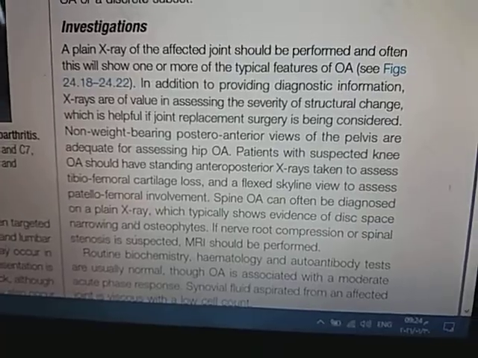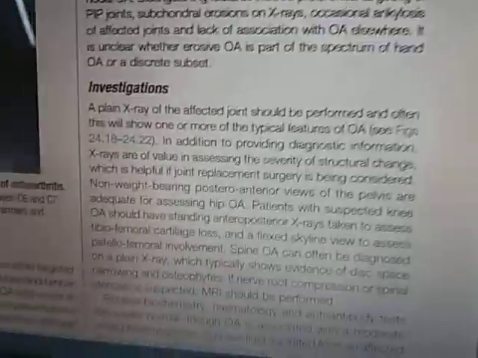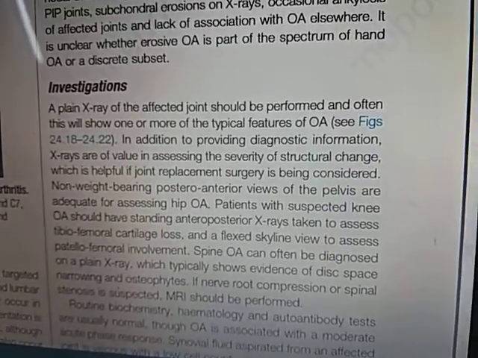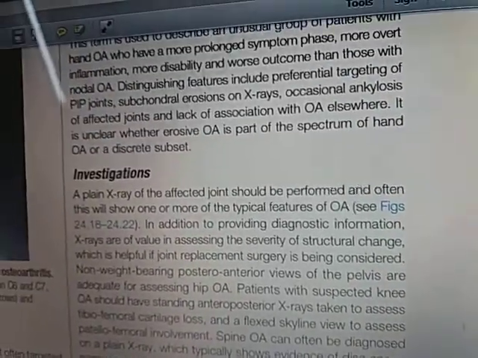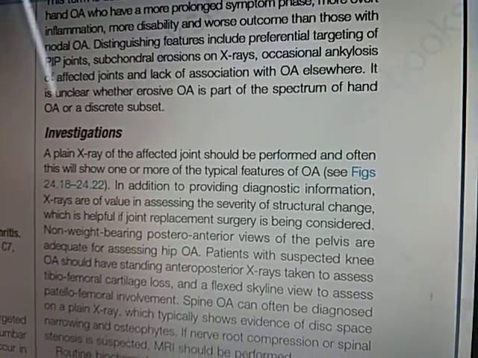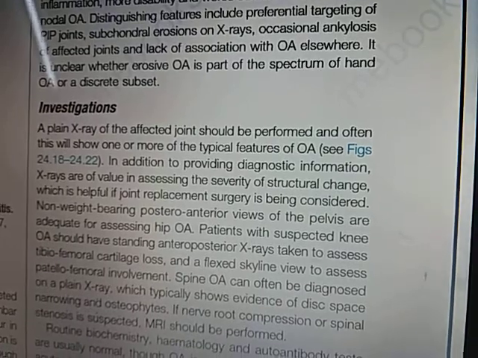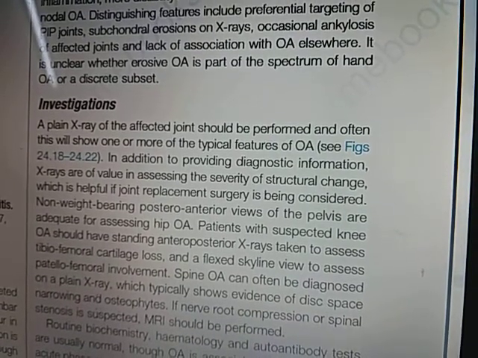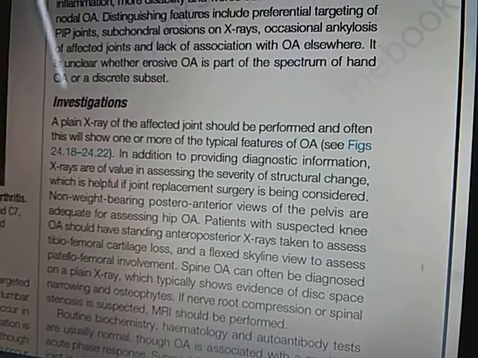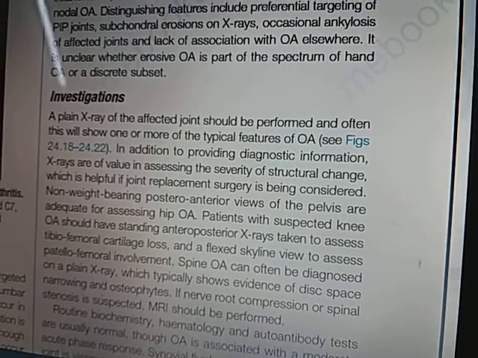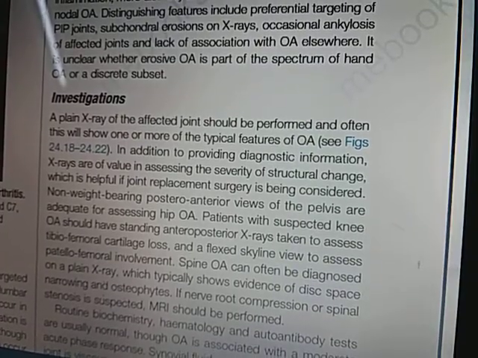Now, investigations. A plain X-ray of the affected joint may show the following findings. 1. Narrowing of joint space. 2.